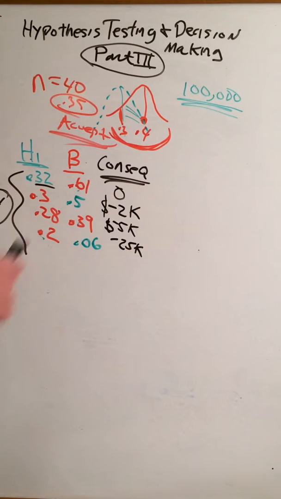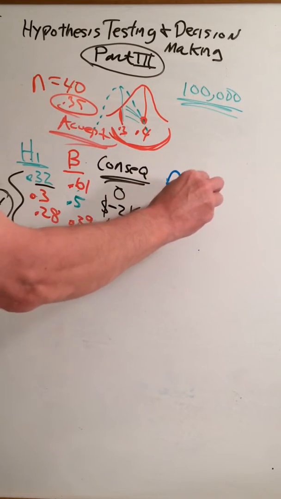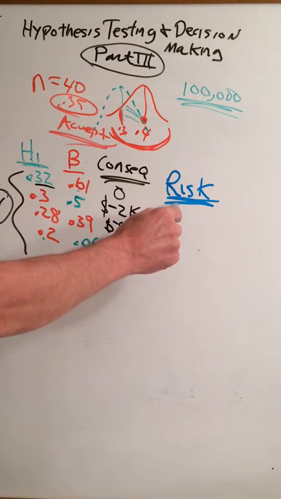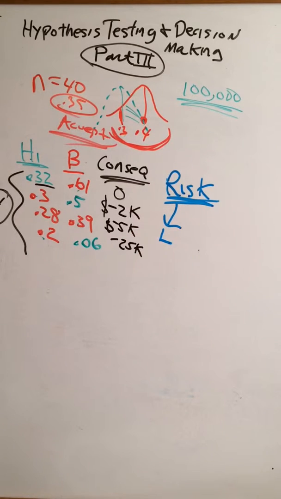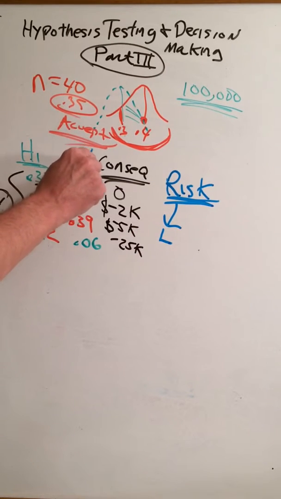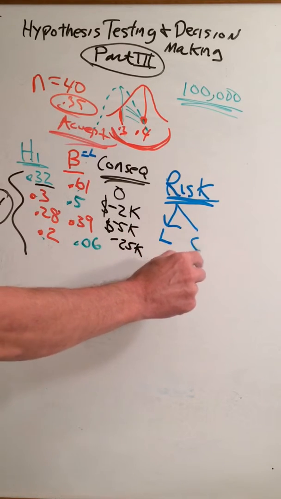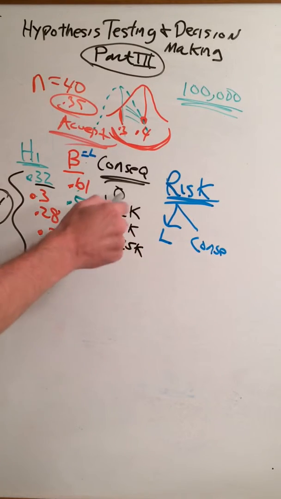So now for each case, we have a likelihood and a consequence of the bad event happening. This is what we were starting to talk about in the last video. This is risk. What is risk? It's a chance of something bad happening. We'll call it likelihood, L. We'll call the beta L. Likelihood and consequence. Consequence means if the bad thing happens, what actually occurs.